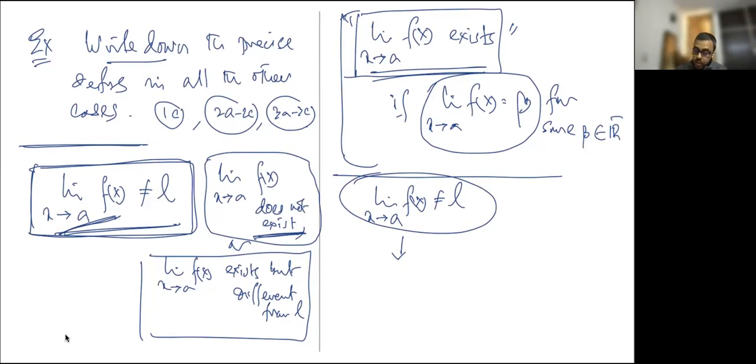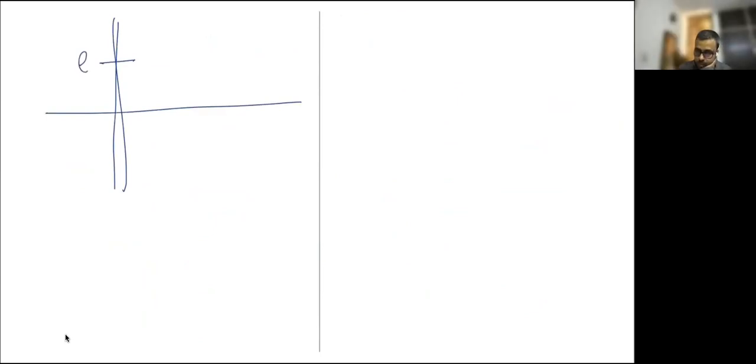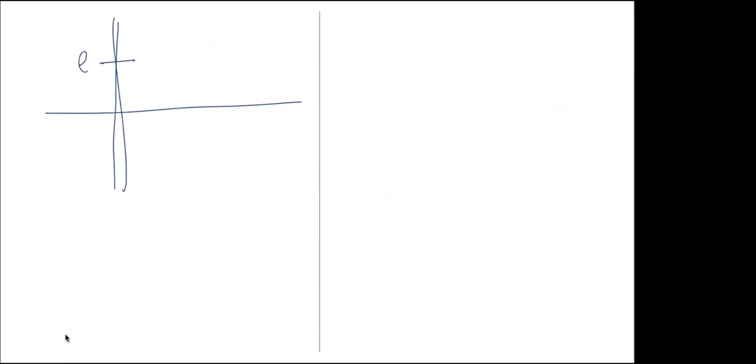So this is basically the negation of this statement. What I'm asking is, what exactly is the negation of this? You look at the definition and then see what would be the negation of this statement. So existence of an epsilon. Yeah. That for every delta, the condition fails.